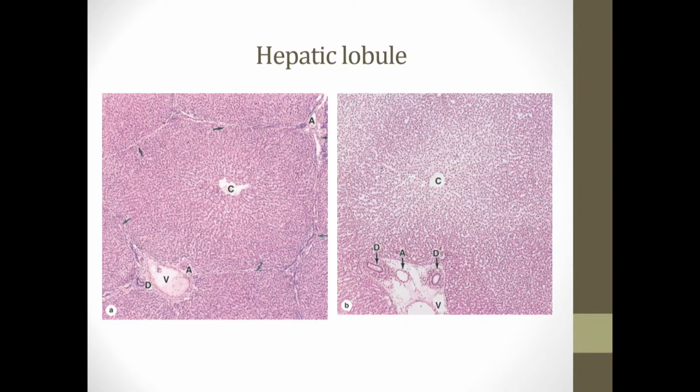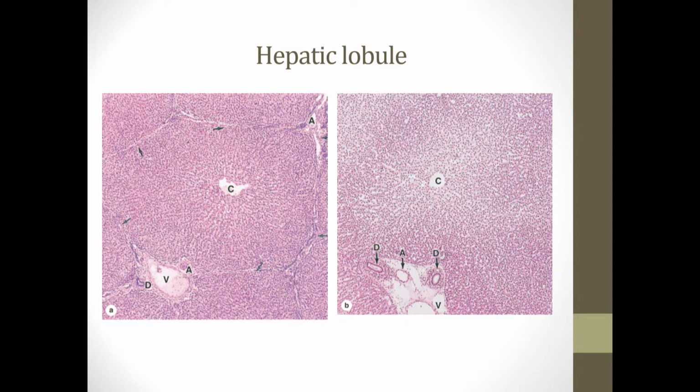Yes? The lobule is more visible here, and the boundaries are more visible. Around the lobule are reticular fibers, usually, but in some species, for example in pigs, they are more developed compared to humans. In humans these boundaries are more difficult to distinguish, the lobules from each other, unlike in pigs.